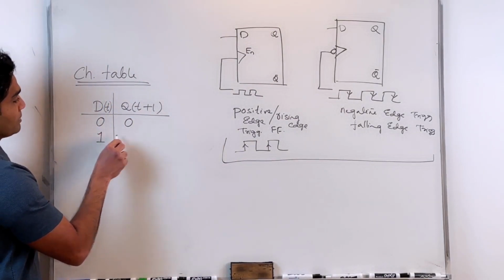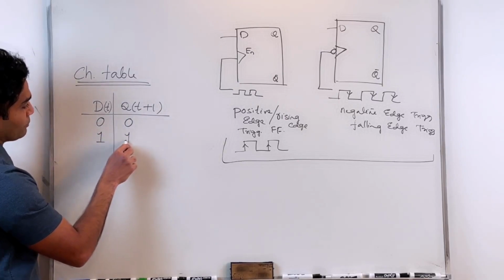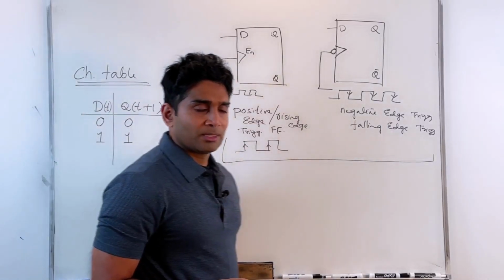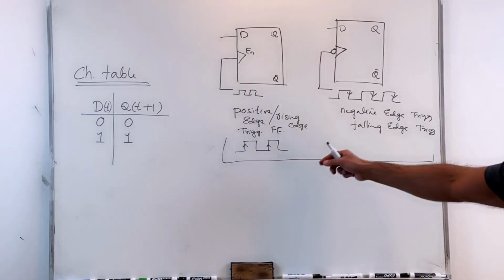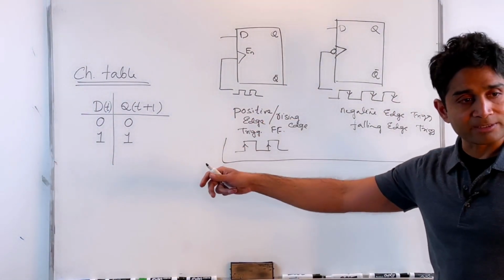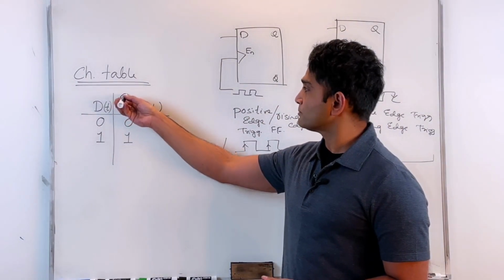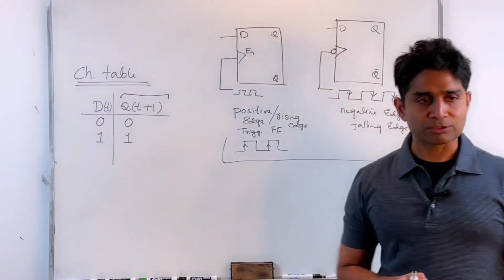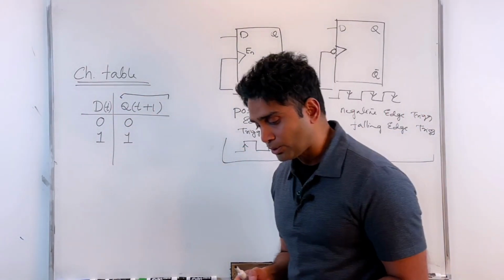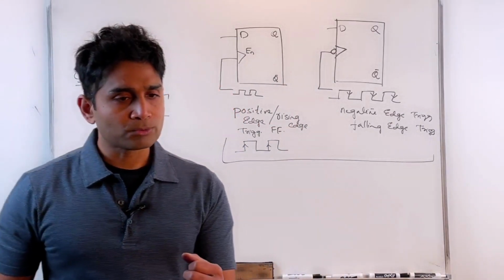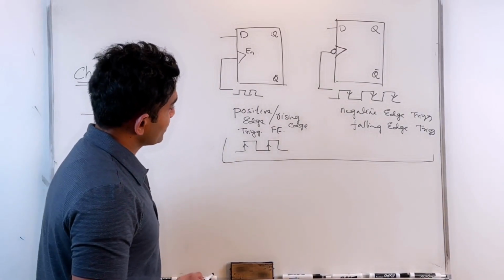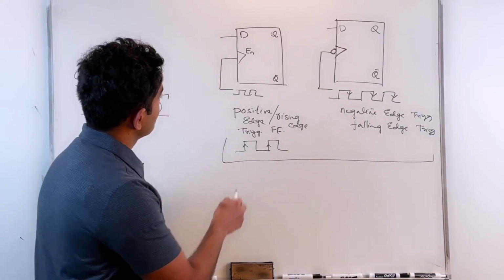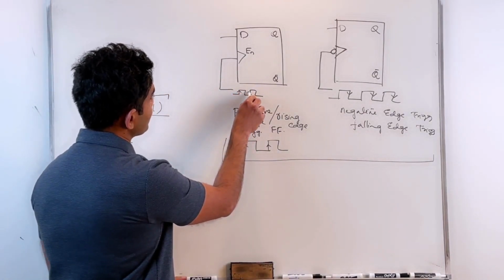If it's 1, the next triggering instance, the value is 1. Okay, so I can write the characteristic table now when I'm talking about the edge triggering mechanisms. When I use this representation that corresponds to what is happening to Q on the next triggering instance. These are my rising edges.